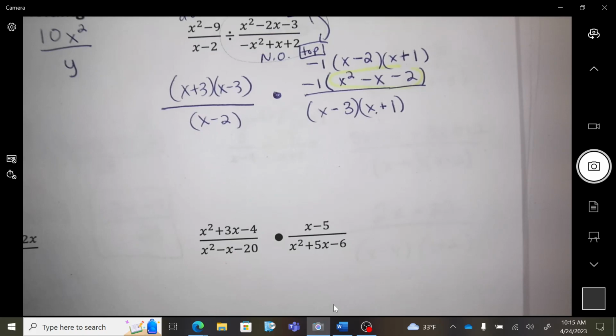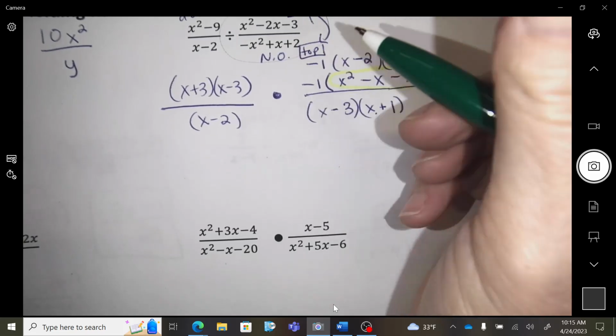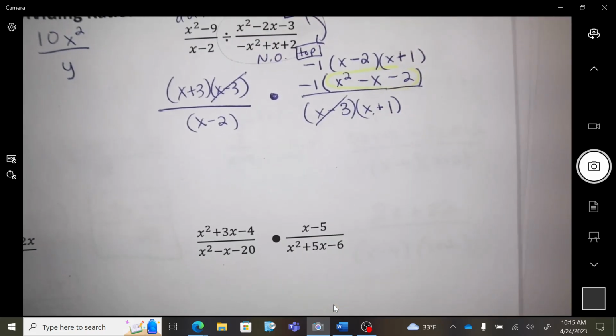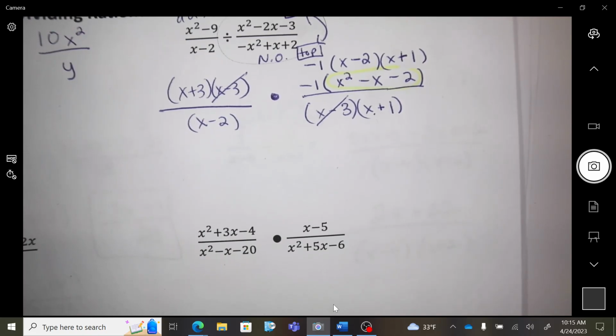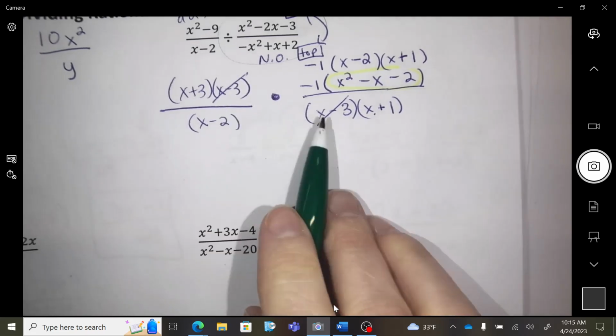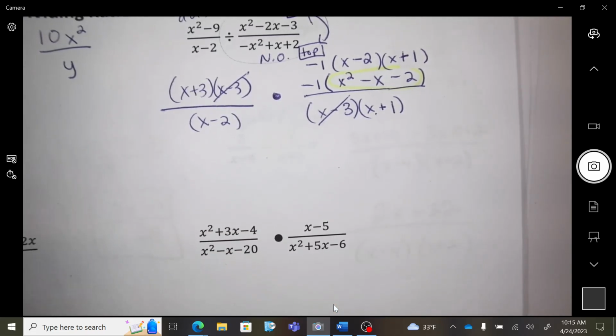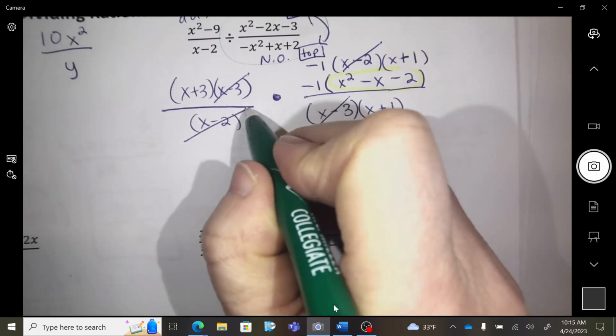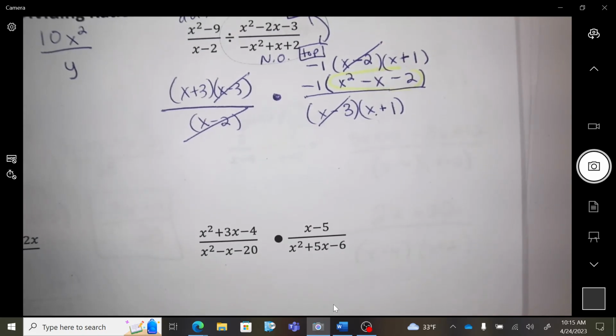Okay, ready? That's the done factoring. So now you look for cancels. Anything that would be on a top and a bottom. So I can do this. x minus 3, x minus 3 can cancel each other because it's on a top, bottom. So this divided by this would be gone. x minus 2, x minus 2.